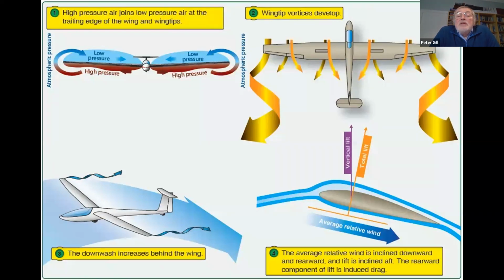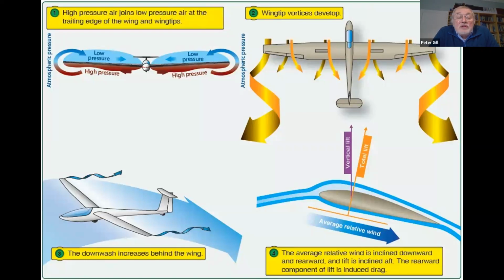That becomes very marked at the tips where there's nothing to prevent the air from below moving round above the tip, and you get the vortex. Okay, so wingtip vortex is one cause of induced drag. You can't create lift without some forms of induced drag. You can minimize it, but you can't create lift without it.